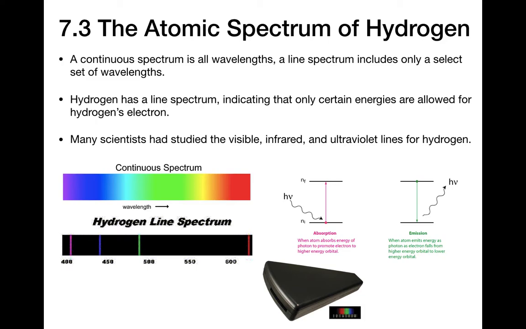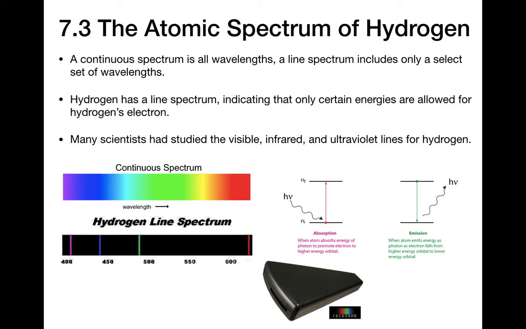Hydrogen also has some infrared and some ultraviolet lines. The infrared lines were called the Paschen series. The visible lines were called the Balmer series. And the ultraviolet lines are called the Lyman series.